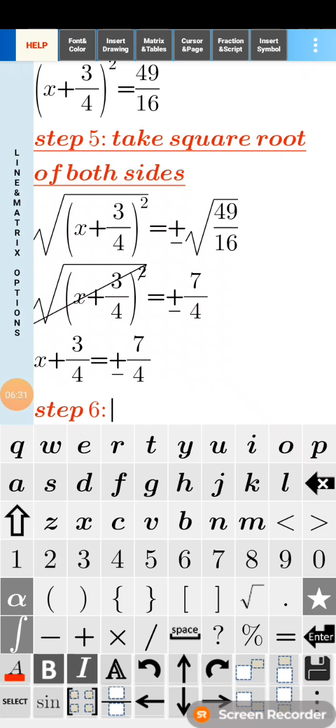Since I am having a positive fraction, that is positive 3 over 4, I'm going to use the negative.